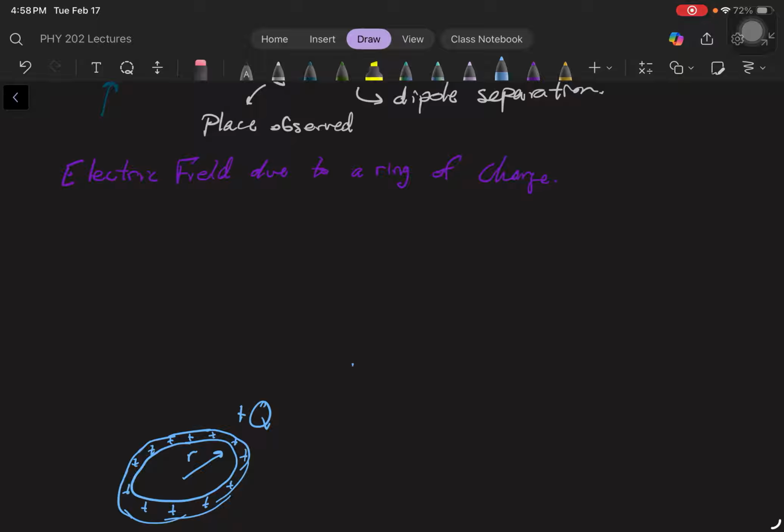And so let's go ahead and say we want to find the electric field due to this ring of charge at some point P that's a height Z above the ring. We'll move this over to the side a little bit. And so we're looking at the center of the ring, and we're going to look directly above at the center.